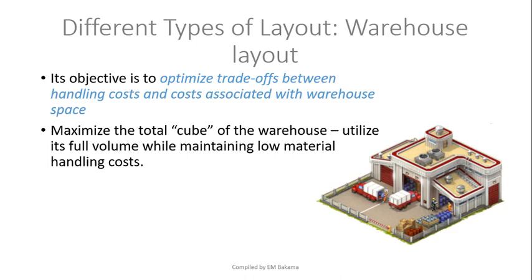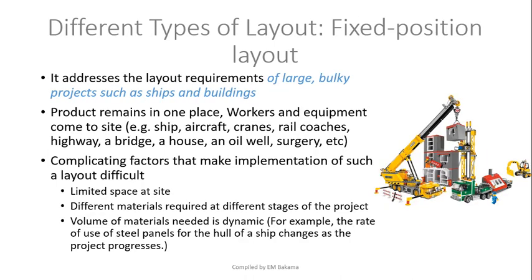So in the warehouse, they design it in such a way that material handling, for example, while they are using tools like the forklift to handle goods, won't be a problem or cost them more, because those vehicles can move easily inside and outside the warehouse itself. So they need to maximize the total cube of the warehouse and utilize its full volume while maintaining a low material handling cost. They make sure that wherever there is space, they fill that space with something, in short, with a product.